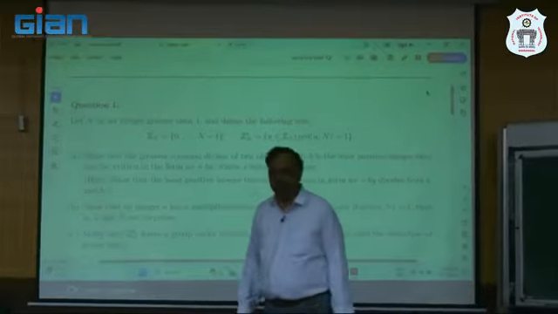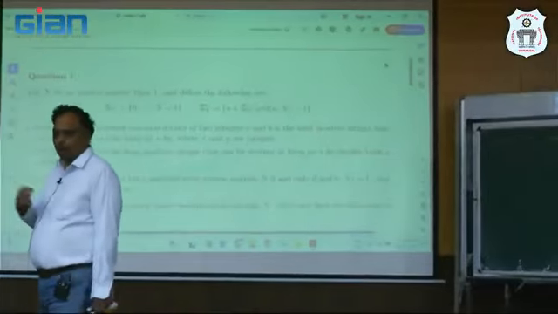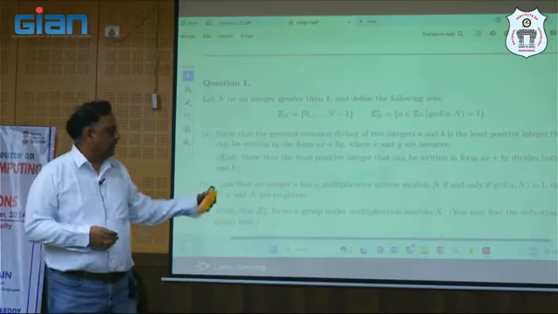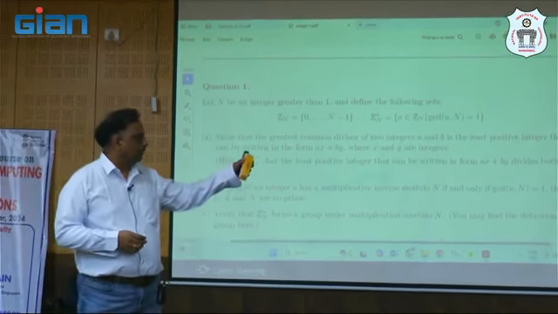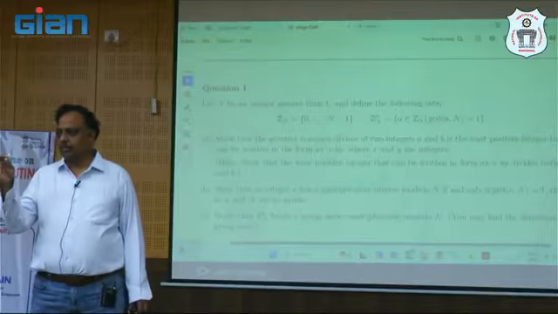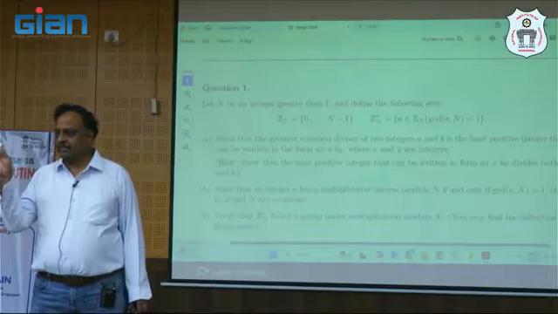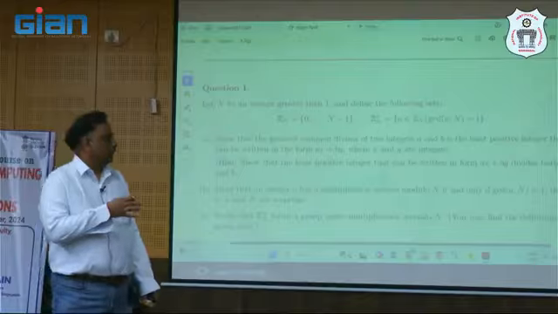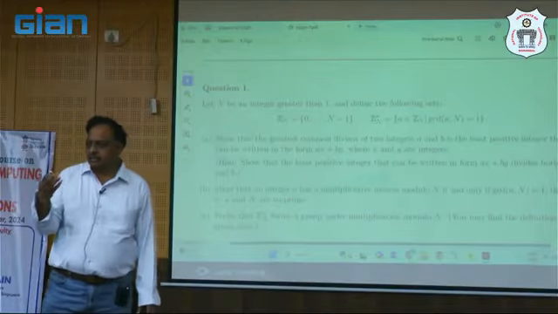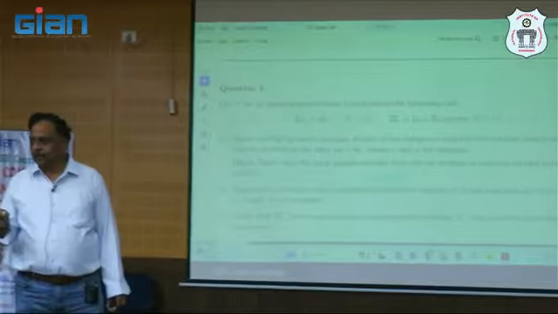If you go mod n on both sides, what do we get? Left hand side becomes A x, because plus n y becomes 0, and right hand side is 1, agreed.